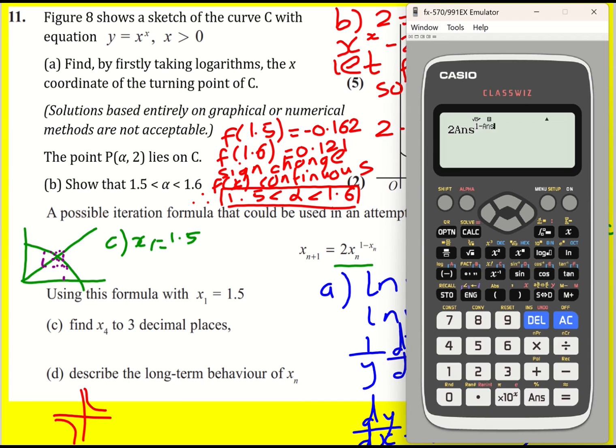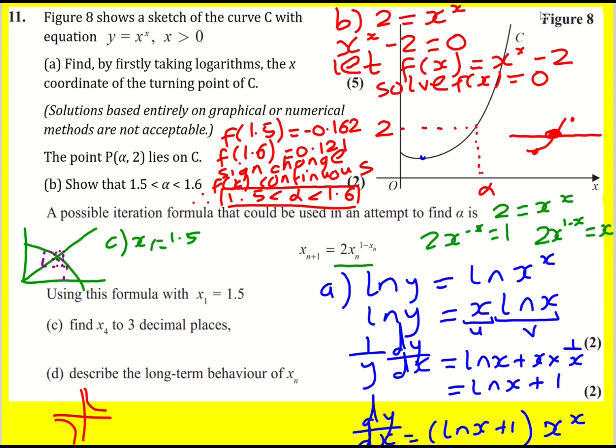This is exactly the same formula. So this will give me x2. Could write it down. It's only asked me for x4. That would be x3. This one would be x4. So 1.6731, which is going to round to 1.673 to 3 significant figures.